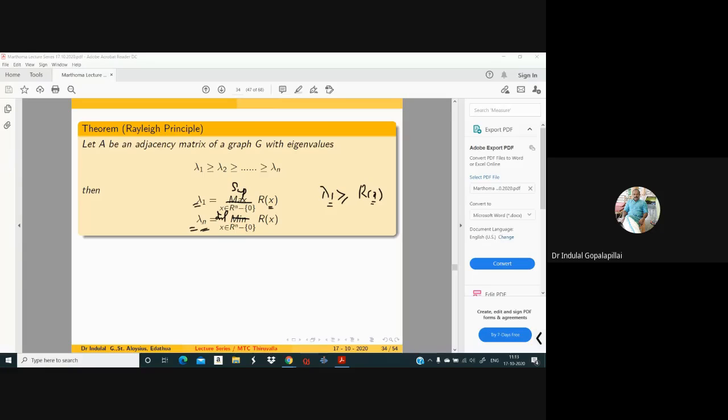How can we show that? Suppose V is an eigenvector corresponding to the largest eigenvalue lambda, where lambda means lambda 1, the greatest eigenvalue.